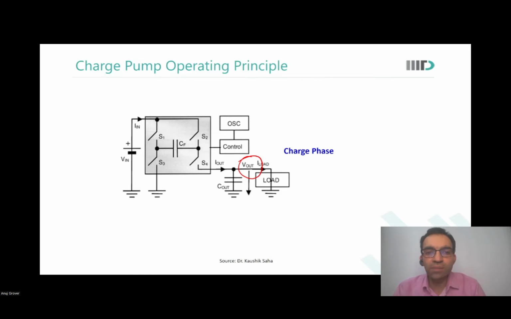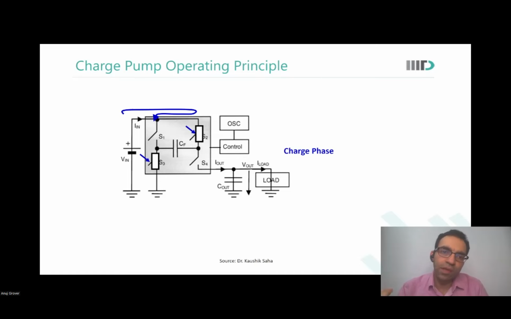How do we do that? So we divide the operation into multiple phases. The first phase is, let us say, the charge phase. In the charge phase, S3 and S2 are closed, appearing like resistances. So there is a charge that flows from V in until this side, and the charge from the other side of this capacitor goes to 0.